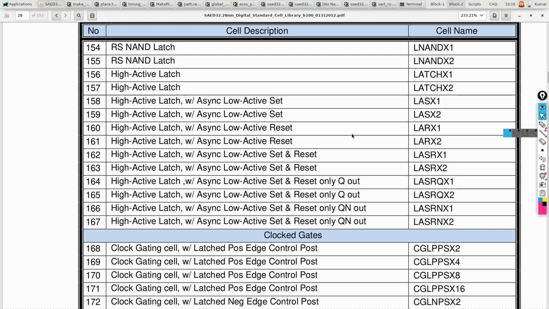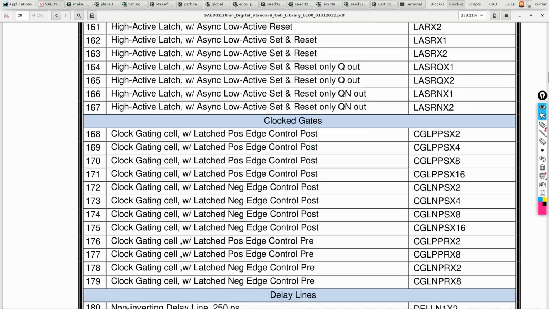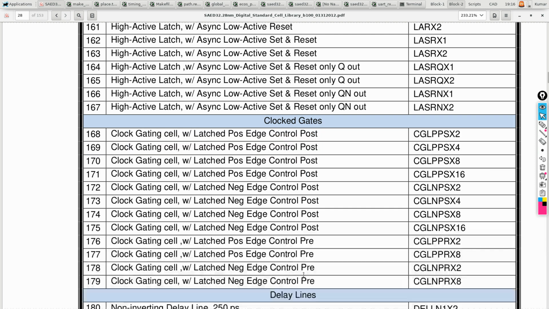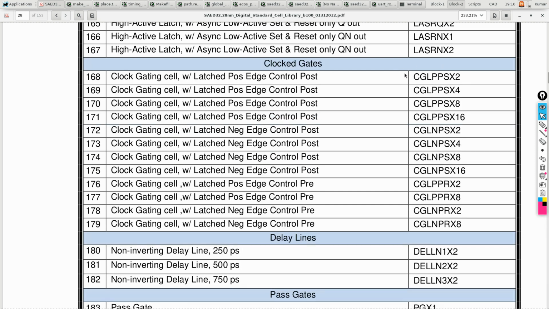For each and every design, there would be a library document given to you, and you should always refer to it and understand what the different cell families available to you are. Say, there is something called a clock gate. There are different clock gates, say passage control, luggage control, and these are all your clock gates.